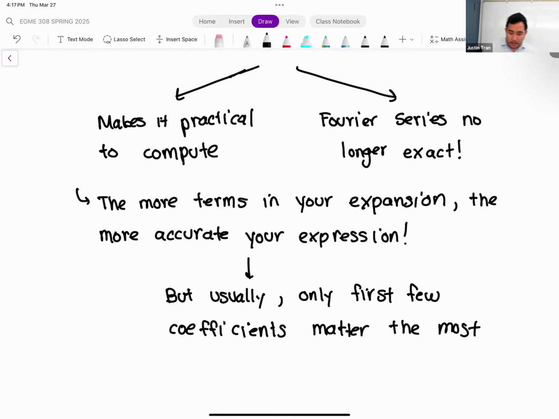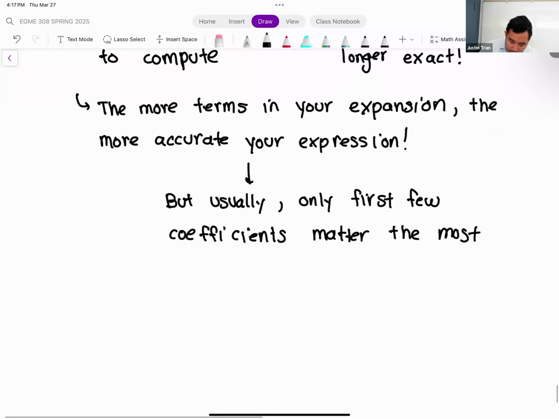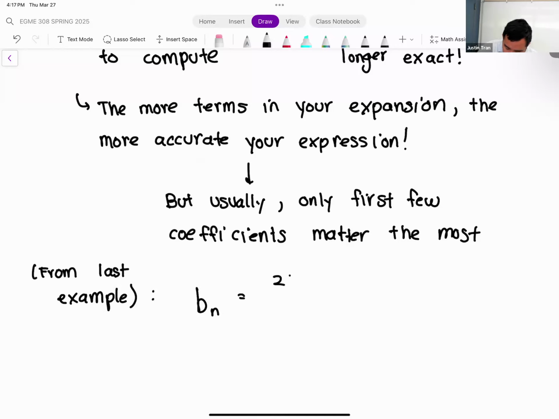In fact, let me illustrate this to you. From the last example, we got our bn equal to 2k over n pi times 1 minus 1 raised to the n.